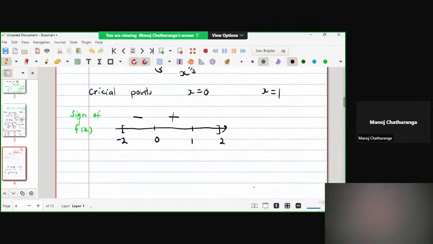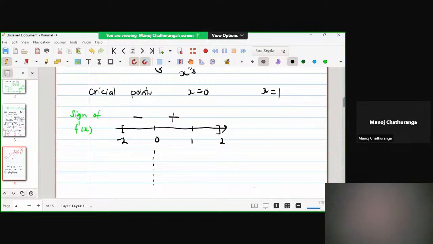I know before 0 the derivative is negative, after 0 the derivative is positive. But 0 is a very different critical point. There we won't have horizontal tangents. We will have a problem.